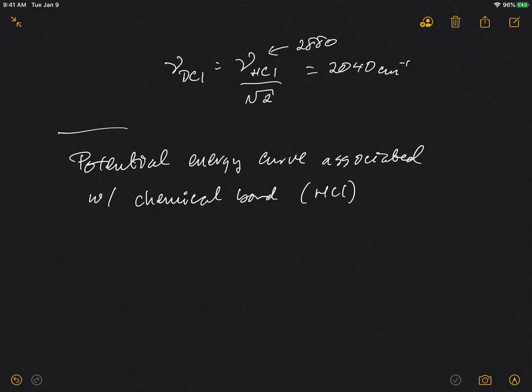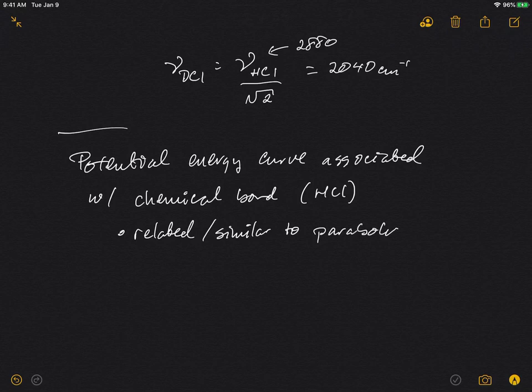However, there is a chemical bond in the vapor phase. And so what do we know about potential energy curves going into this? We think, or it's been posited, that it's related to or similar to the parabolic harmonic oscillator potential.